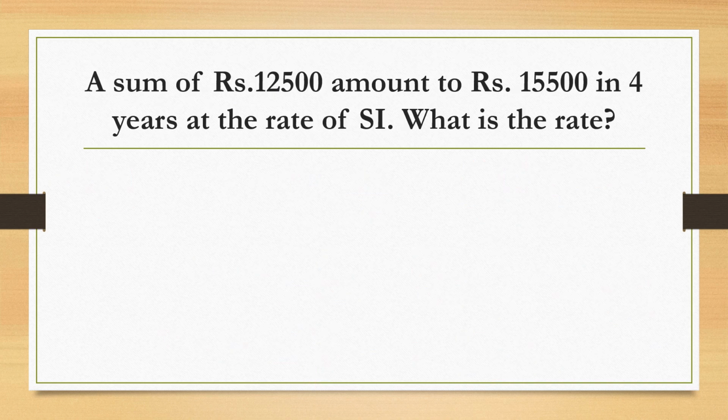A sum of rupees 12,500 amount to rupees 15,500 in 4 years at the rate of simple interest. What is the rate? Here we can see that P was 12,500 and it amounts to 15,500 in 4 years.